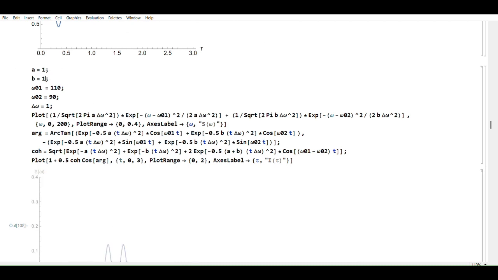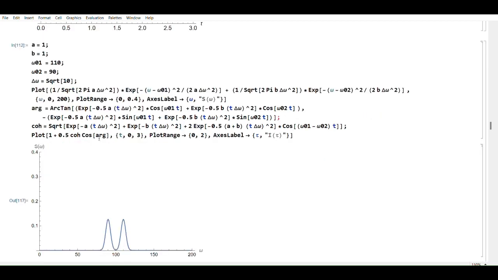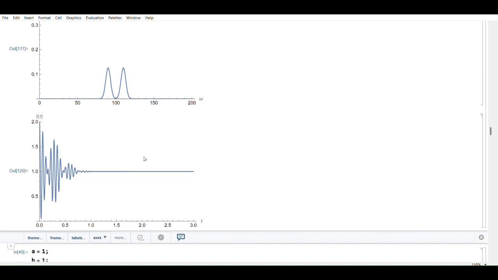Now if I change A and B, A and B are also there in the product with delta omega, so that is also working as if changing delta omega.